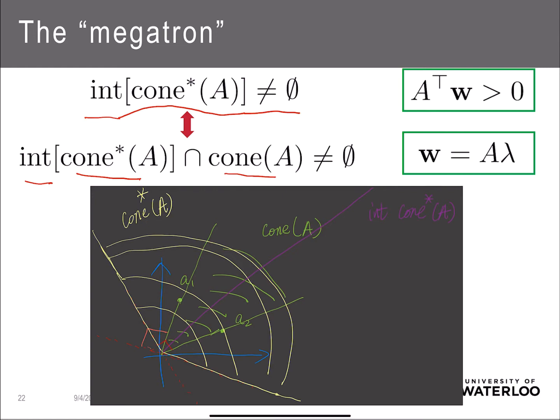For instance, in this example, we take 2 points, A1 and A2, and then we can generate the cone of A in this green area here. And you can compute the dual cone, which is the yellow area, and the purple line is in the intersection of the two.